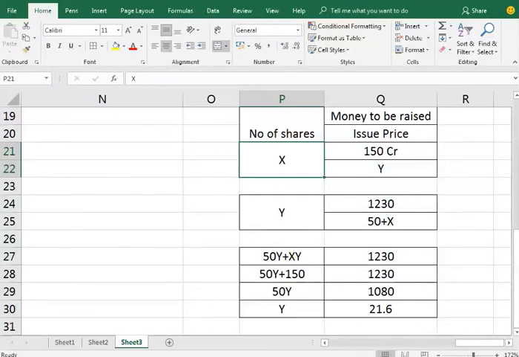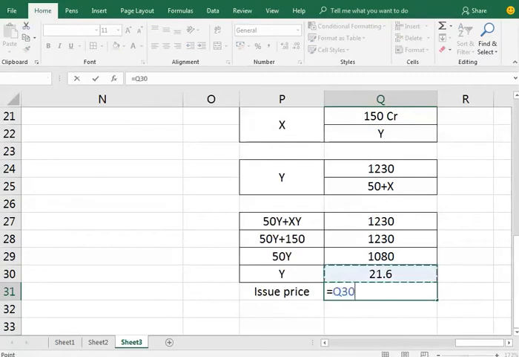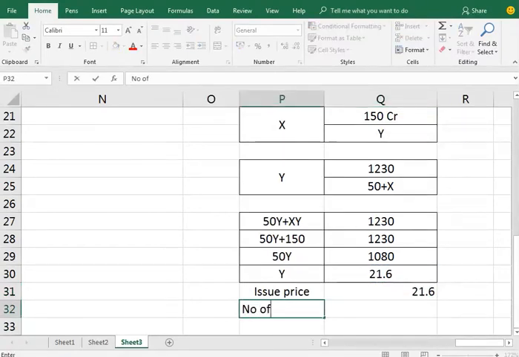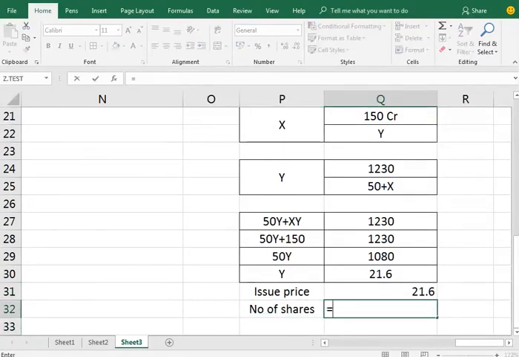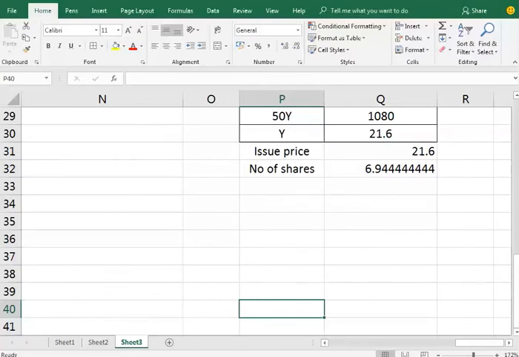You have to make an issue at 21.6 price. Number of shares you can calculate. Six crore 94 lakh 44,000 goes on like that.